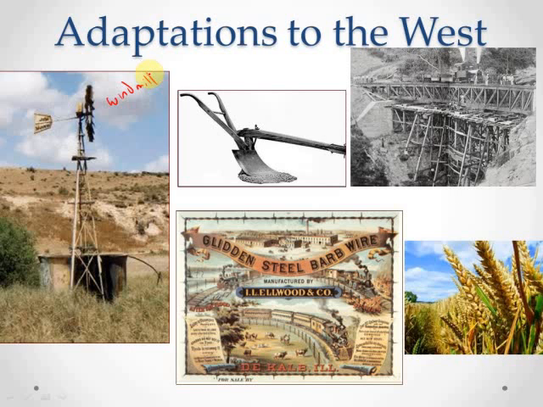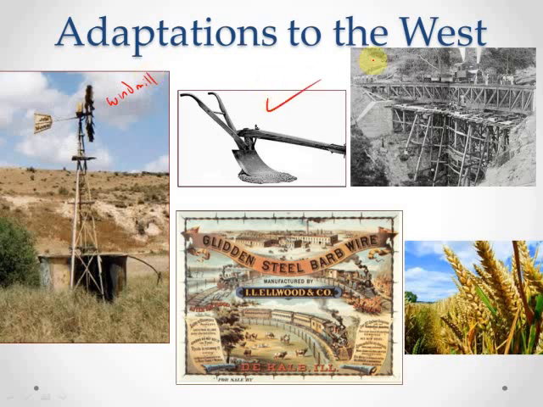Let's say I put one hole here and one hole here. If I push air in one end, what's going to happen to the water? It'll go to the other end. So that's what windmills did. As it spun, it went shh, shh, shh, and water would come out the other end. They can also be told where the wind's going, and they turn to capture that wind as well.